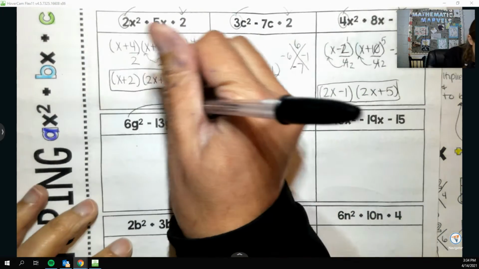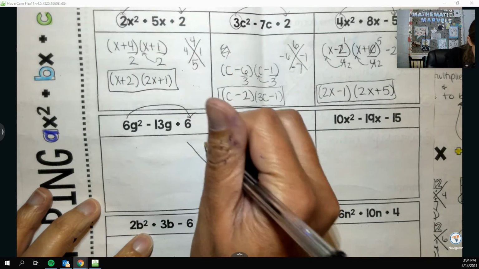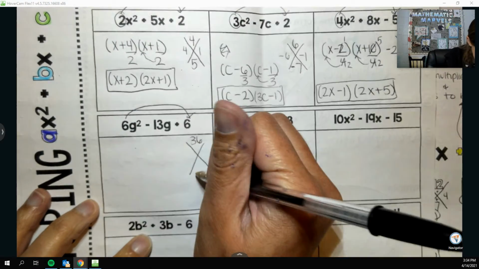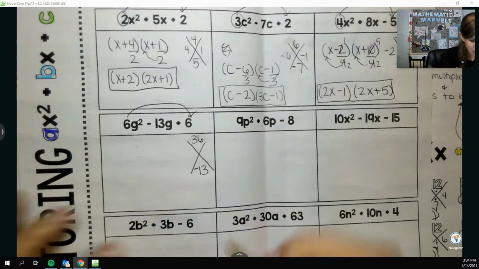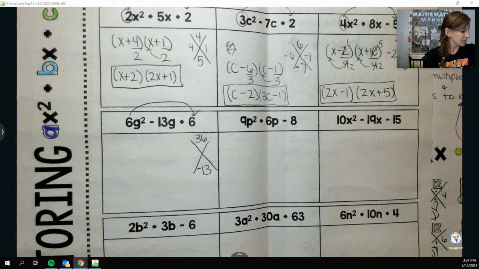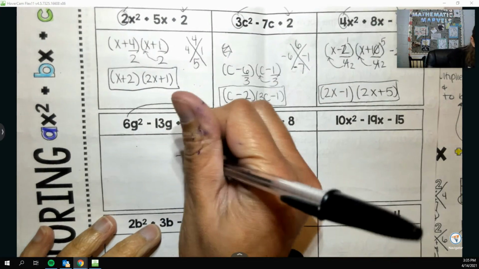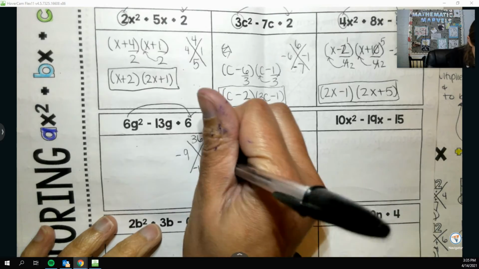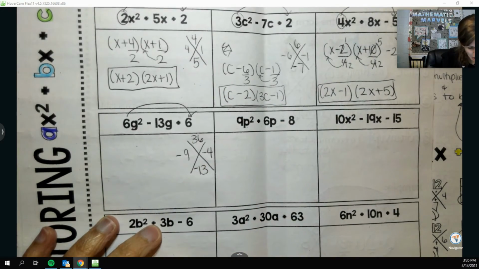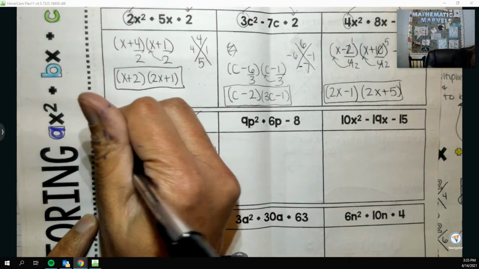If I slide this 6 over, we're thinking what multiplies to 36 and adds to -13. -9 and -4 multiplies to 36, adds to -13? Yeah, it does.